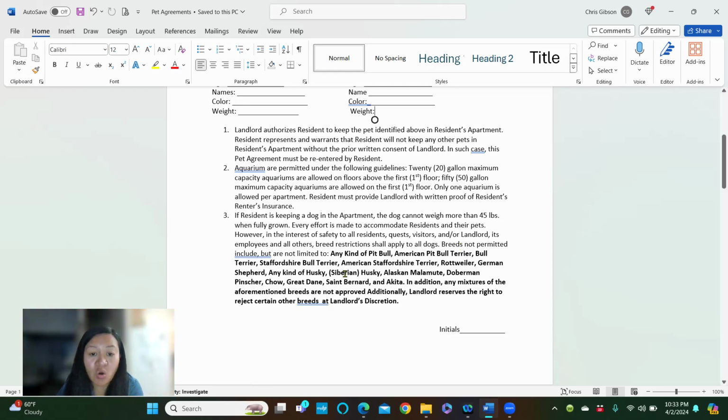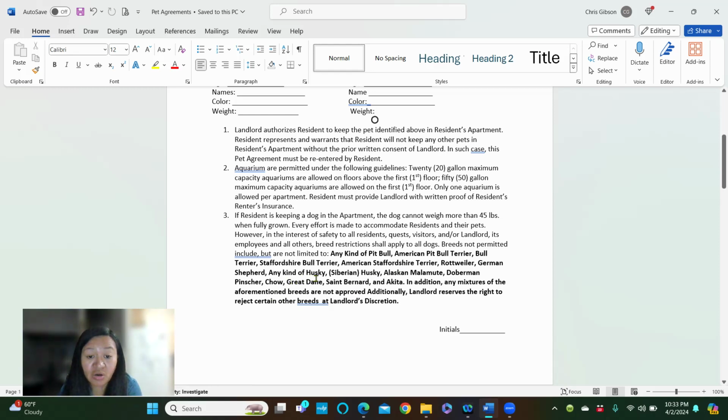There are also breed restrictions that apply to all dogs. Breeds not permitted include but are not limited to any kind of pit bull, American Pit Bull Terrier, Staffordshire, Rottweiler, and German Shepherd, because sometimes they are aggressive.